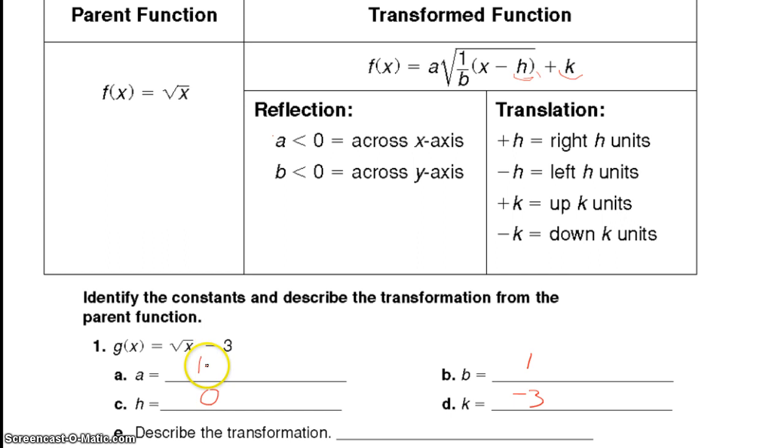So if we look at the h, we did not shift left or right. We did not reflect. Our a is not less than 0. Our b is not less than 0. All we have is the k of negative 3, so that means that we shifted down. So we went down 3 units.